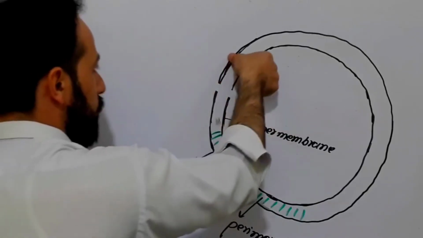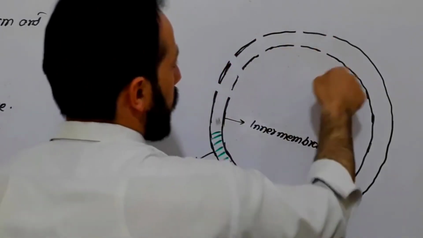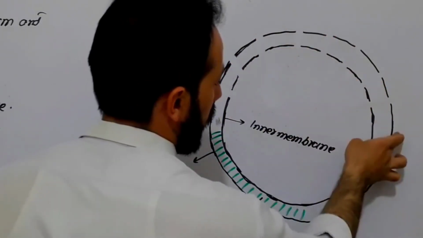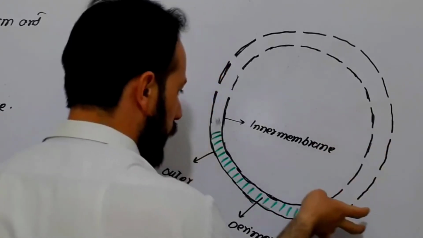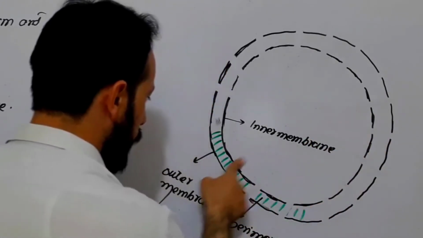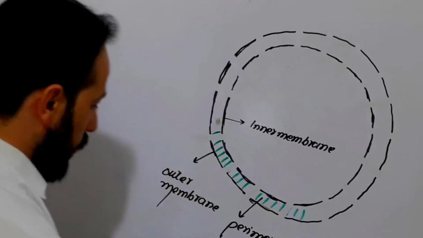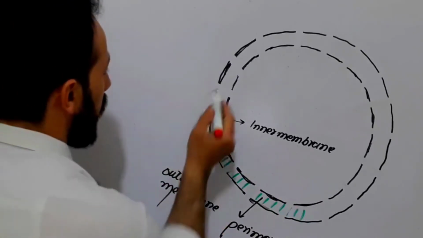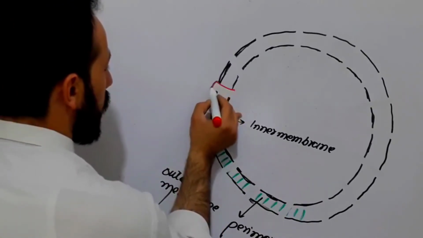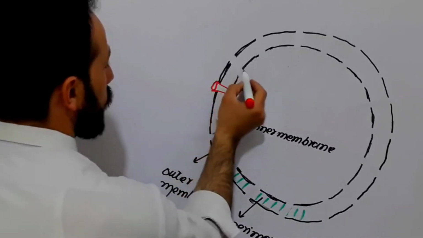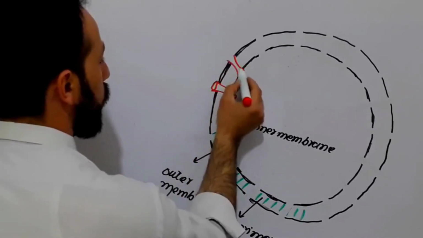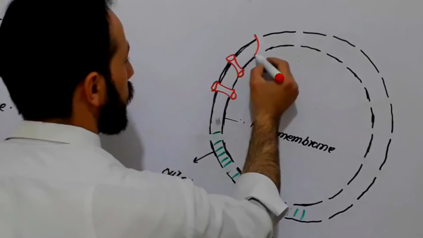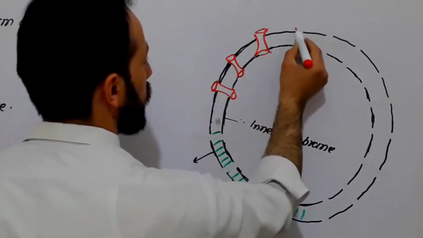And then we have nuclear pores. At special points there are pores, channels, proteins which allow the transport of substances between the nucleus and the cytoplasm. I will discuss the structure of these pores in detail.